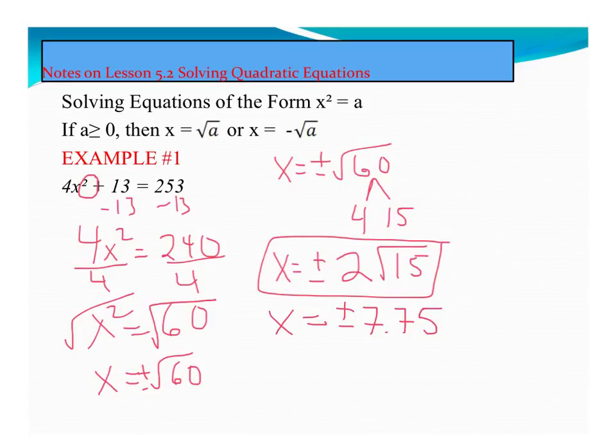Our decimal looks like 7.74596. So this 5 right here rounds that 4 up to a 5. So we get plus or minus 7.75 approximately. And actually, we want to use these squiggly equals signs right here.